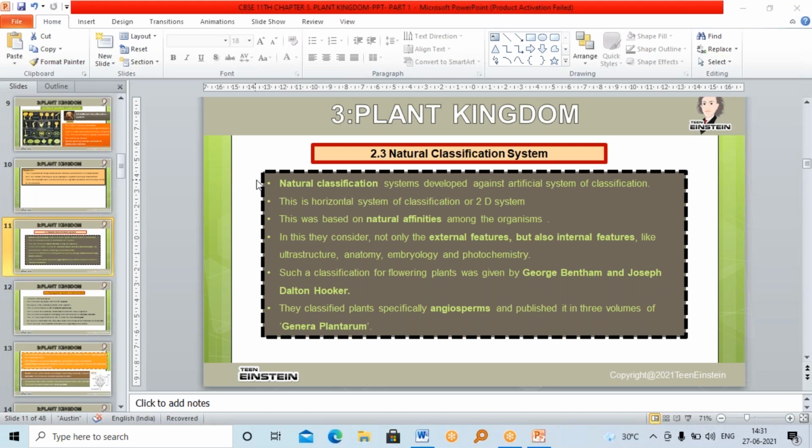Bentham and Hooker's classification comes under the natural classification system, and they published their work in Genera Plantarum. They classified plants, mainly mentioning angiosperms in their classification.